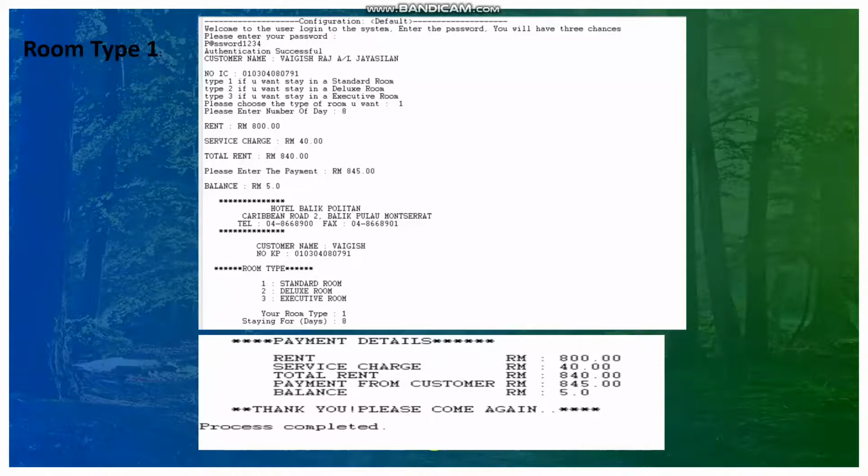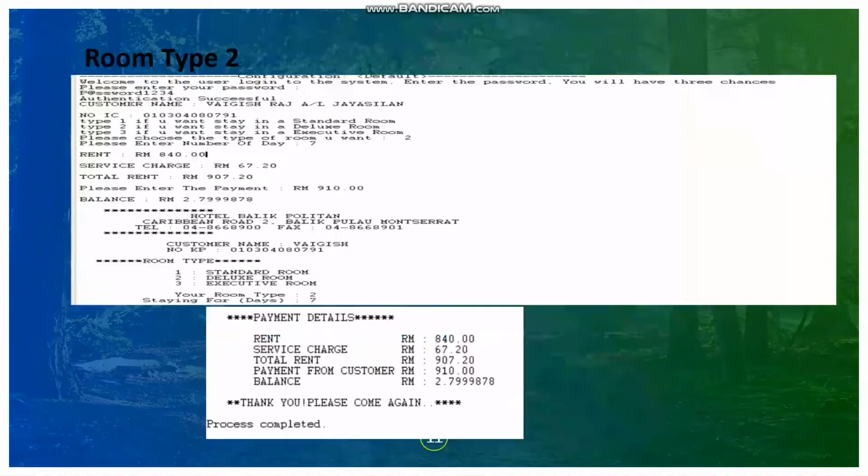For example, if we pay 845 ringgit, the balance will be 5 ringgit. So as you can see here, we have chosen room type 1, and we are staying here for 8 days. So that is for room type 1.